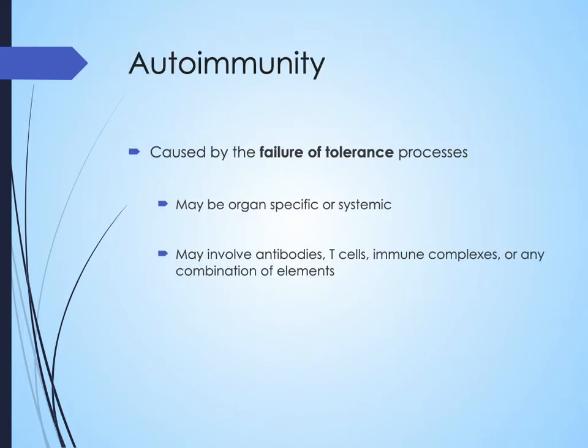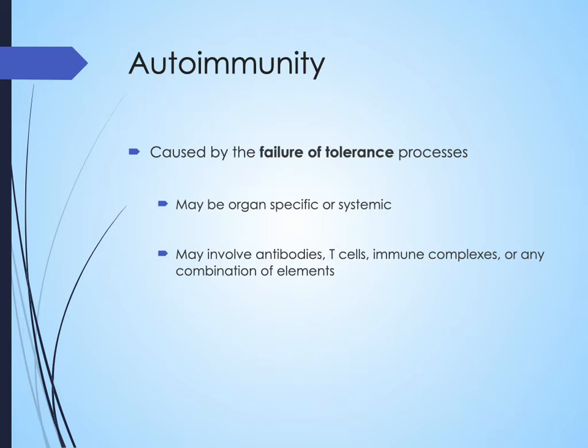All right, so looking more specifically at autoimmunity, autoimmunity at the basic level is a failure of tolerance. Again, we have a number of mechanisms in order to make sure that cells that recognize self are removed, and a failure at some point of those processes is where we can get autoimmunity.